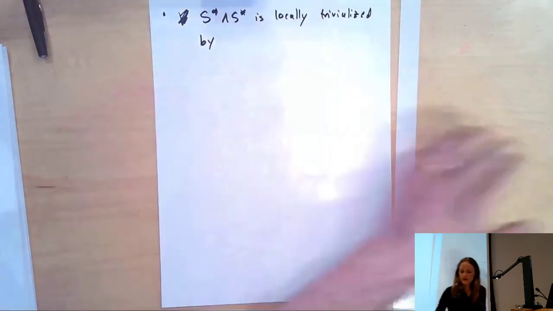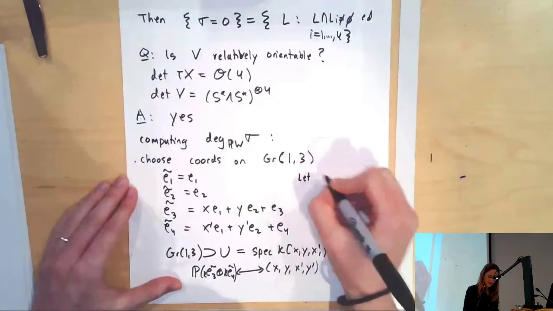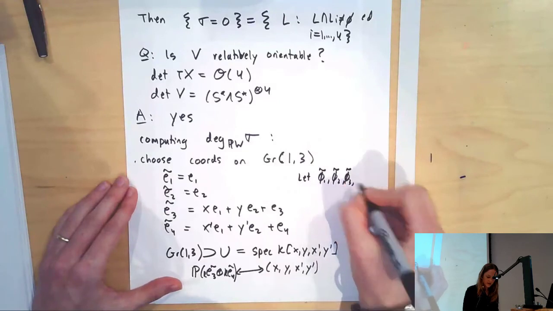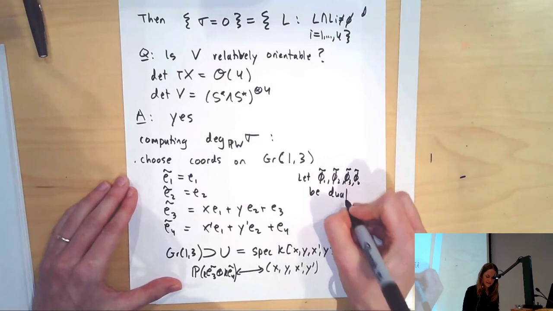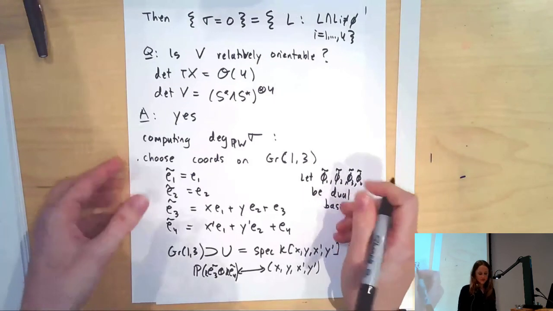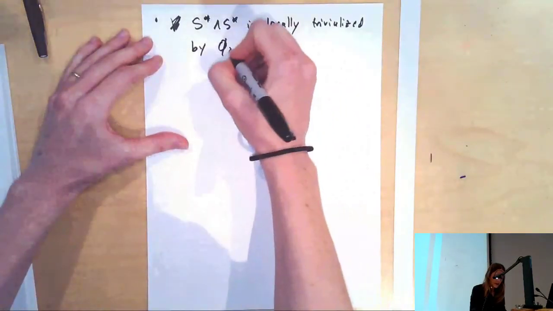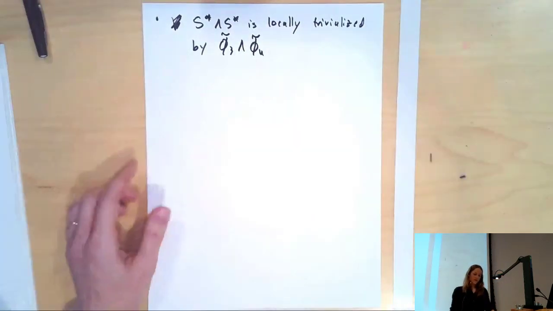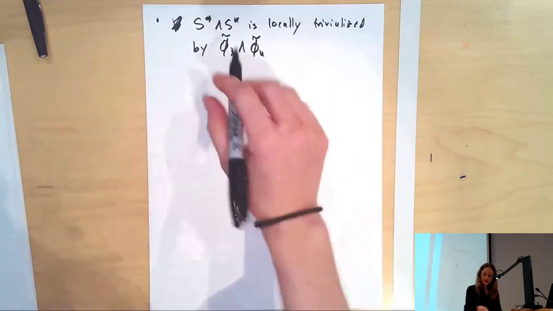We just take the dual basis. So let phi 1 twiddle, phi 2 twiddle, phi 3 twiddle, phi 4 twiddle be the dual basis. So this is trivialized by phi 3 twiddle wedge phi 4 twiddle. These are compatible with some relative orientation.